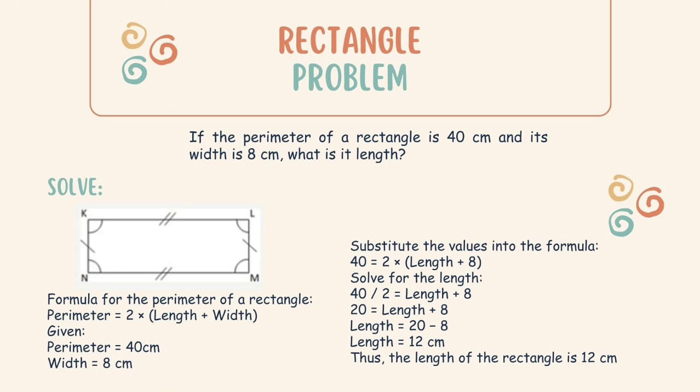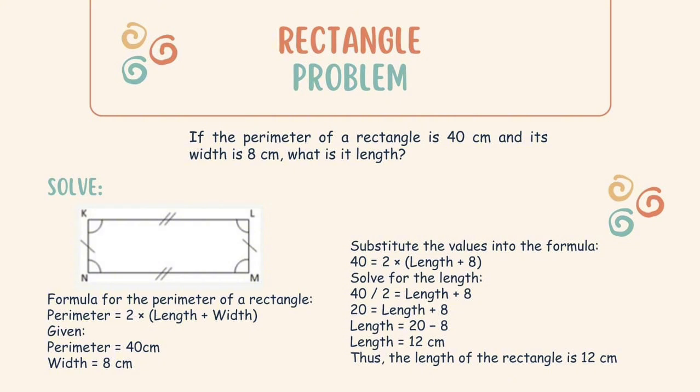To find the length, we can use the formula for the perimeter of a rectangle. The formula is 2 times length plus width. And the question gives a perimeter of 40 and the width of 8. So we can substitute the values into the formula. 40 equals 2 times length plus 8.